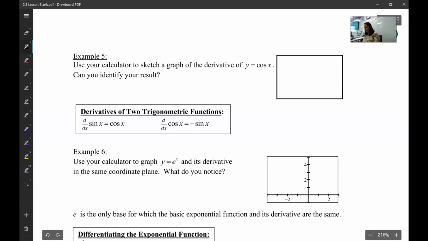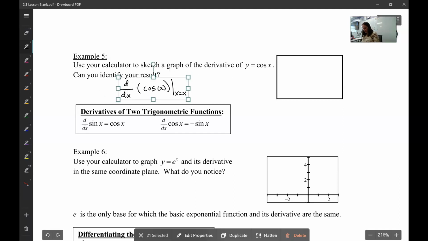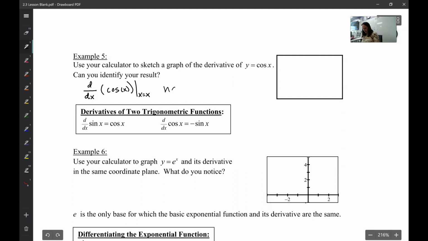Let's find it on our calculators instead. So this is just a reminder from the previous page. This is the new calculator way. The old calculator way, let's move that to the side. It's going to be nDeriv.